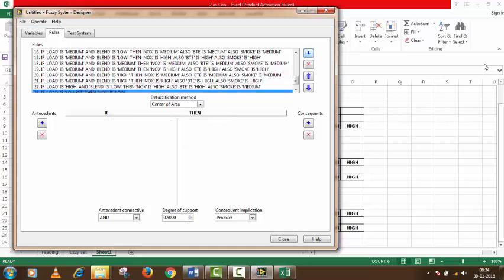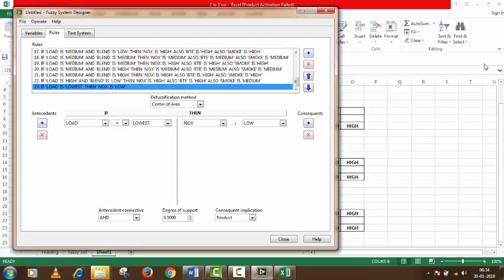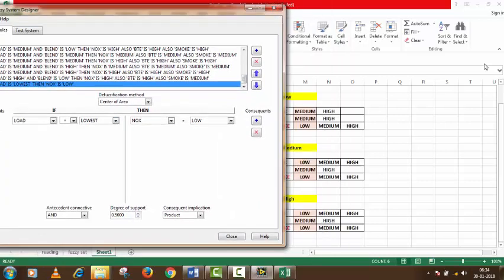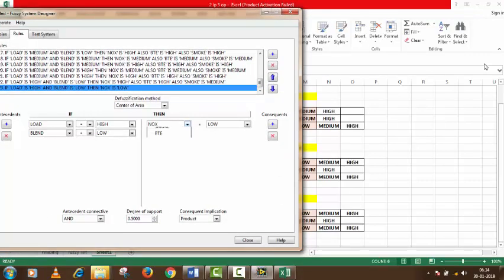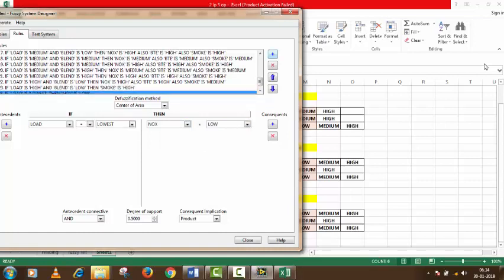Okay, this is added. Next. Load is high, medium, low. Only what happens? Only smoke. So can you detect the smoke? High. That's all. So these two things are over.